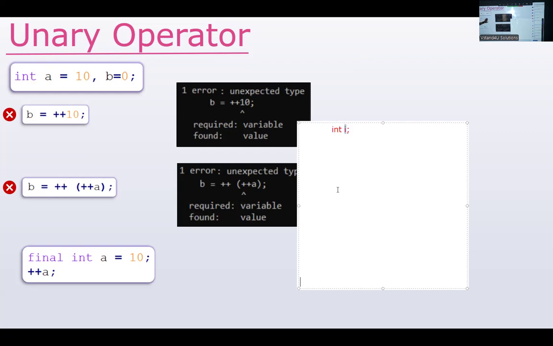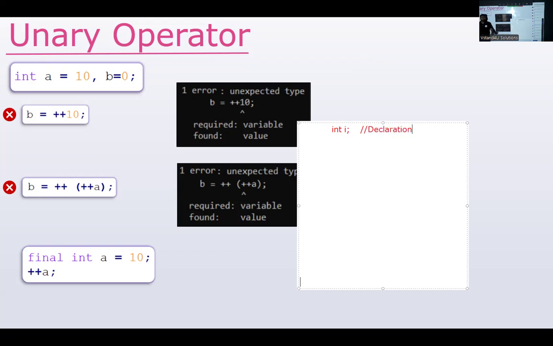Now, what is the type of i? Int. When I'm simply telling the type of data this variable should store, that is called declaration. This particular portion is called declaration of a variable.